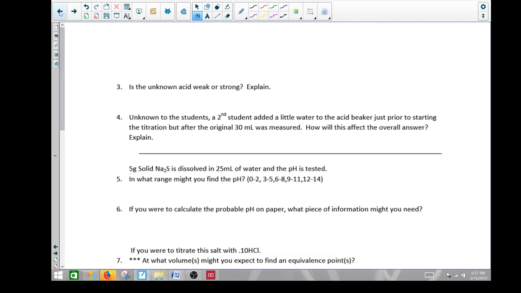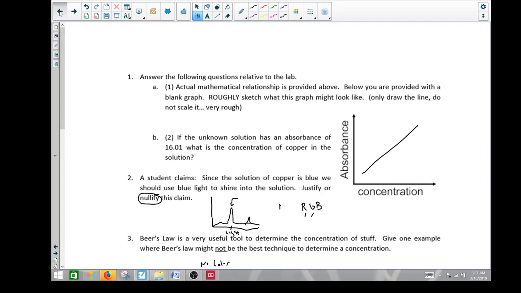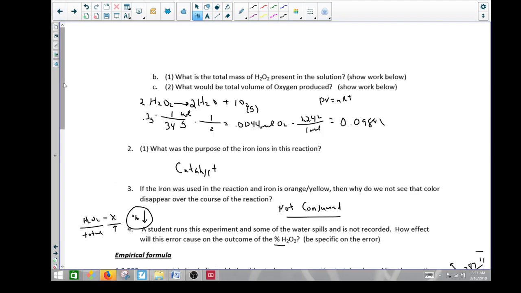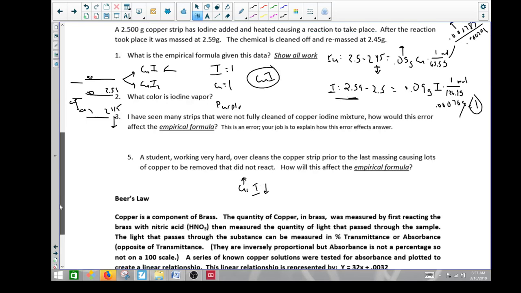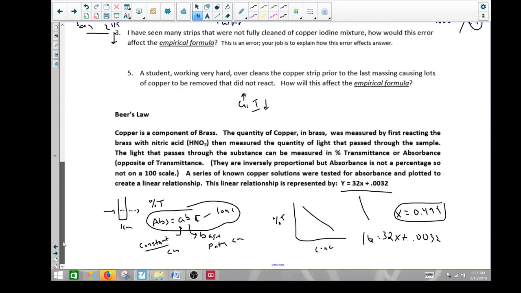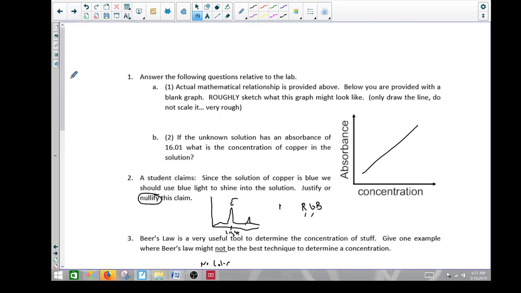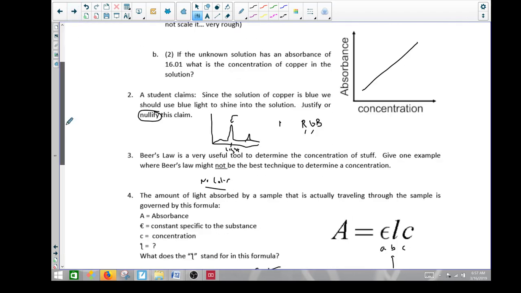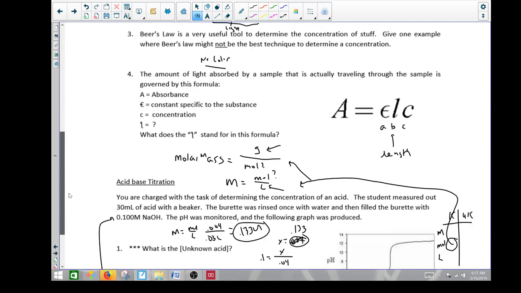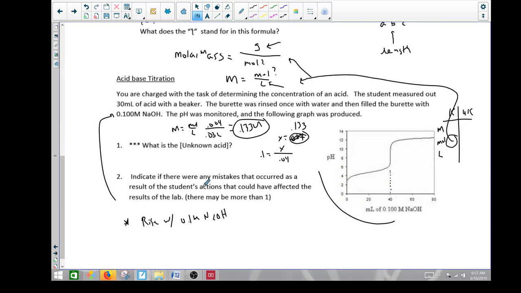The way I would do this problem, the way you should do it, is that you would look at your titration graph. Now you know at the equivalency point, right, there it is. Now, you should also be able to draw a picture of these things.